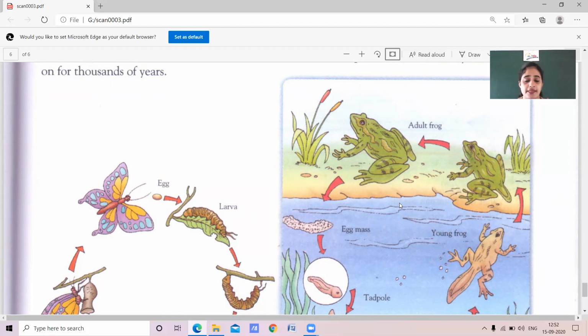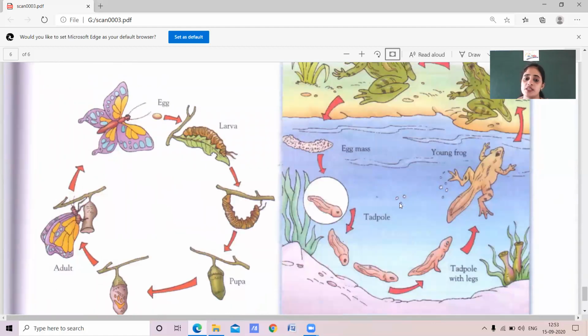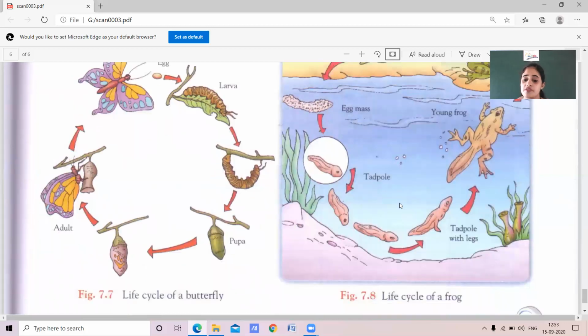That cycle which takes place during the lifetime, we call it the life cycle. If you see egg, larva, then pupa, adult butterfly. Again, it continues. This is the life cycle of the butterfly as well as the frog.